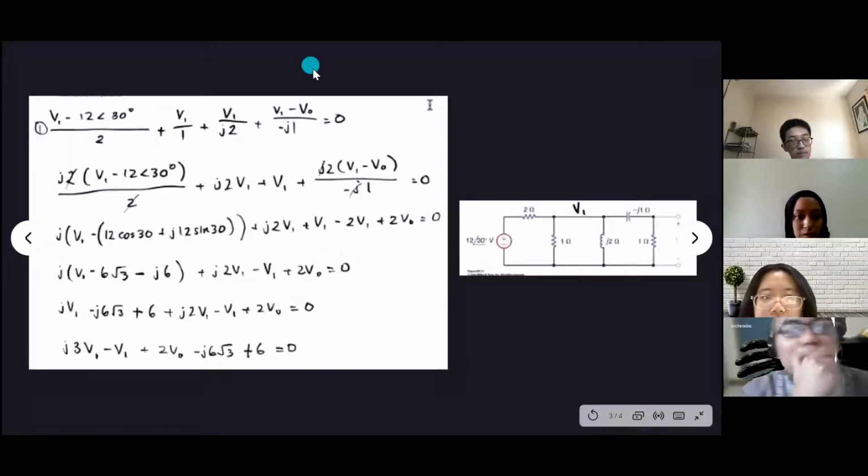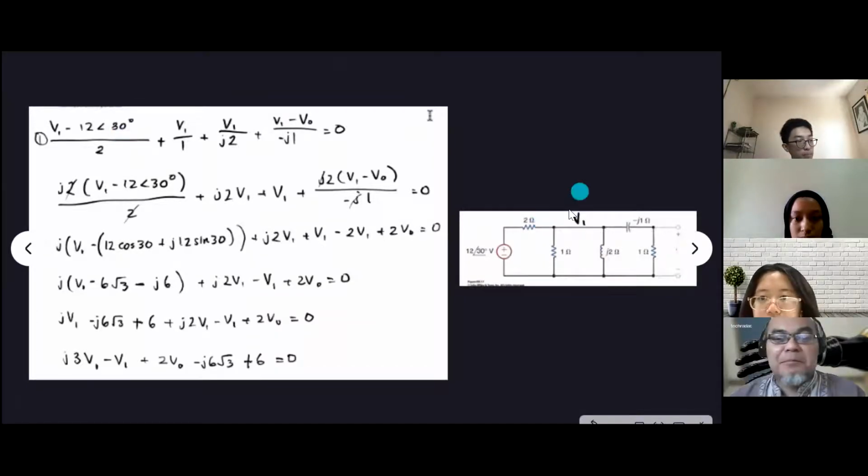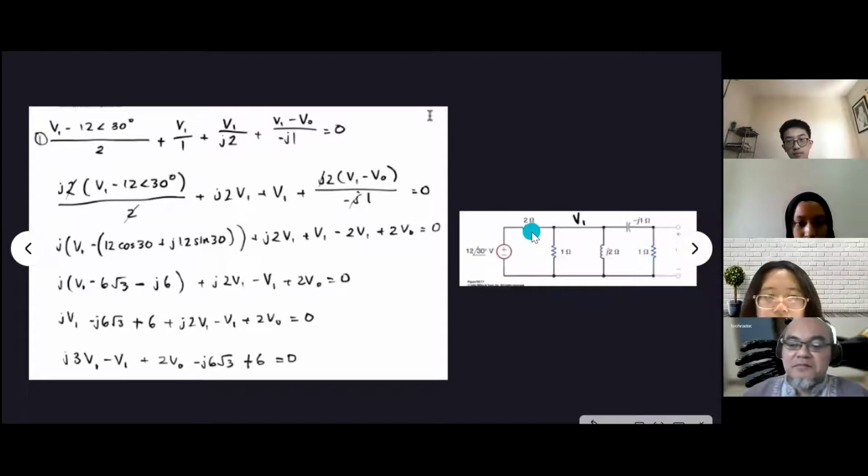Okay, so first what we do is we use nodal analysis for V1 when V1 is over here. So on the left side, we can see that V1 minus 12 angle 30 divided by the resistor, which is 2 ohm. And then after that, we add V1 divided by 1, and then V1 divided by J2, and then V1 minus V node divided by negative J1.